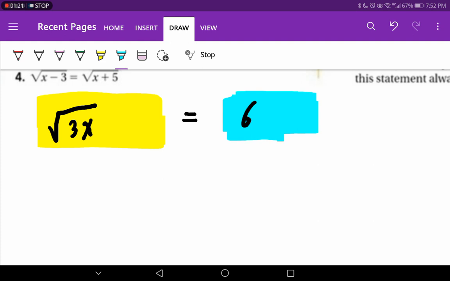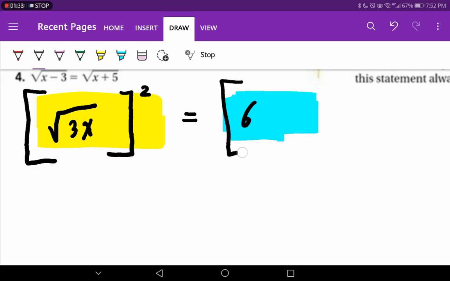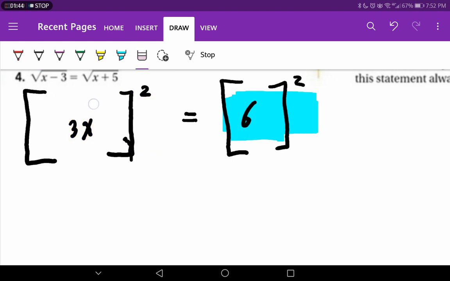Now how can I eliminate the radical? By squaring both sides, raise it to the power 2, raise it to the power 2. In this way I remove the radical, you see.